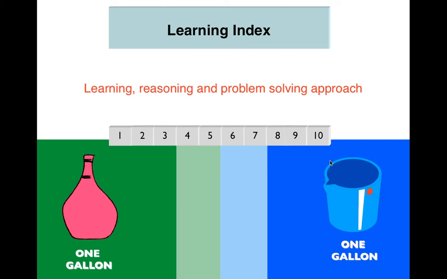Now, their peers on the other end of the scale can also take a gallon of information, but because they have a narrower opening, they prefer a learning environment where information is presented at a more gentle and deliberate pace.